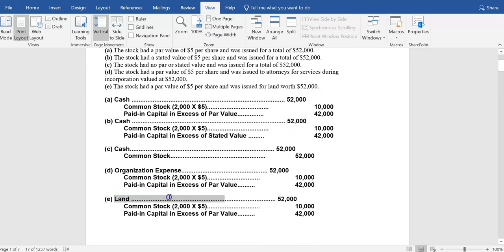So instead of increasing cash, the total value of the land is debited into the land account. The par value of the stock is recorded into the stock account, 2,000 shares at $5 per share. And any excess paid in over and above the par, the excess of $42,000, is recorded in the paid-in capital in excess of par value account.